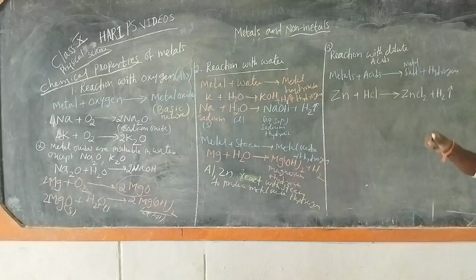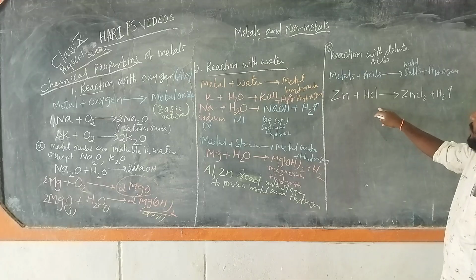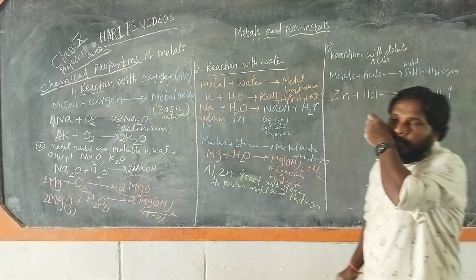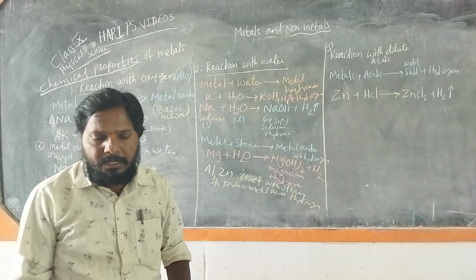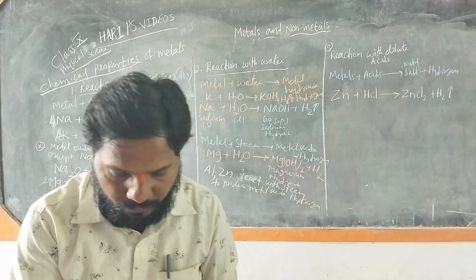When you bring a burning matchstick near the mouth of the test tube, the burning matchstick is put off with a pop. So metals react with dilute acids and give their respective metallic salts and hydrogen gas.